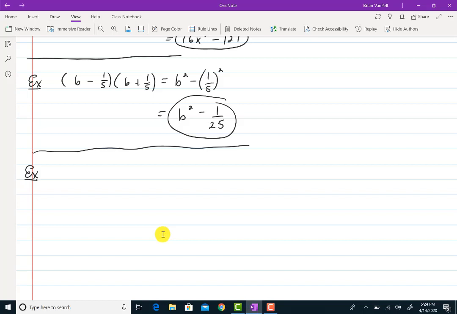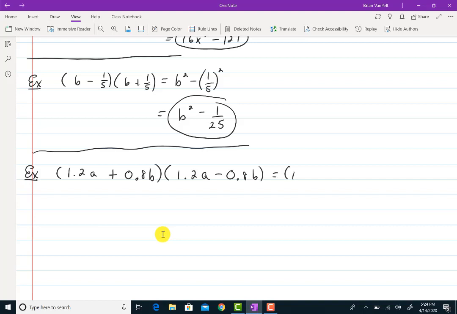For the next one, I have 1.2a plus 0.8b times 1.2a minus 0.8b. So you can see it is a difference of squares type of formula.